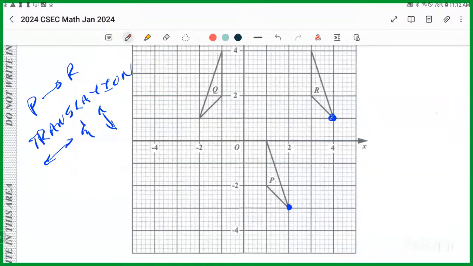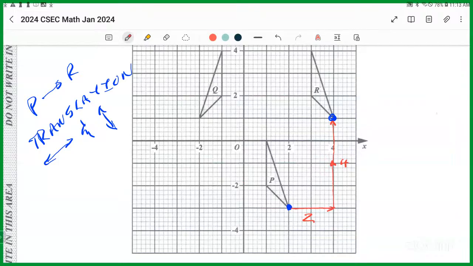It is this number of units to the right, and that's 2 units, because from 2 to 4, that's 2 units. So it's 2 units to the right, and then this number of units upwards to here. Again, 1 grid is 1 unit, that's the scale. So that is 1, 2, 3, 4 units upwards. So it's 2 to the right and 4 up.